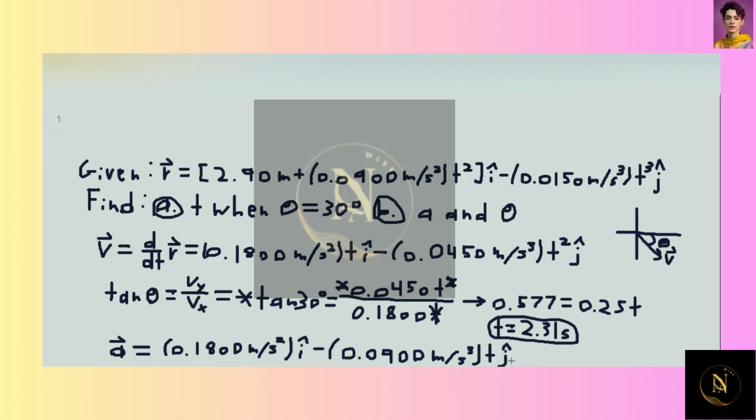Now I know the time from part A, so I can plug in t equals 2.31 seconds. I'm going to get 0.18 meters per second squared, so it's the same for the i hat direction.